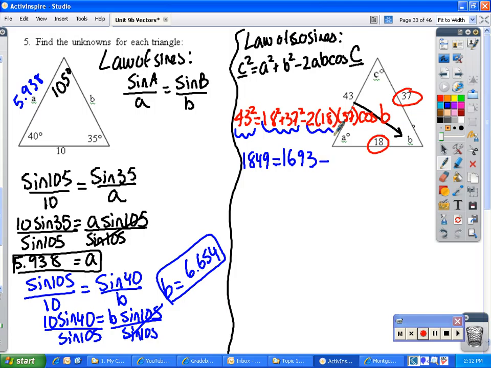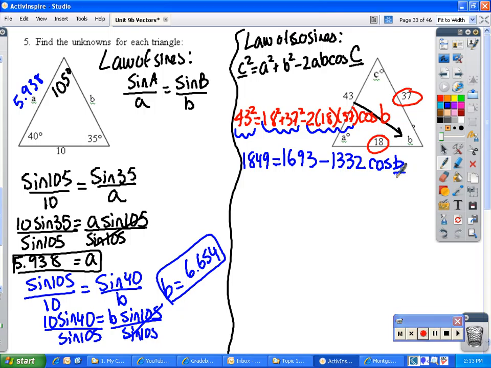Now I'm going to type in all of this in one go. It's 2 times 18 times 37, which is 1,332 cosine of B. All right, so we're looking for this B, and it's all the way over here on the end.